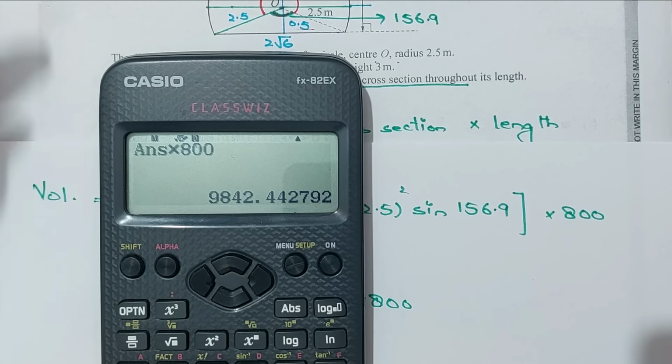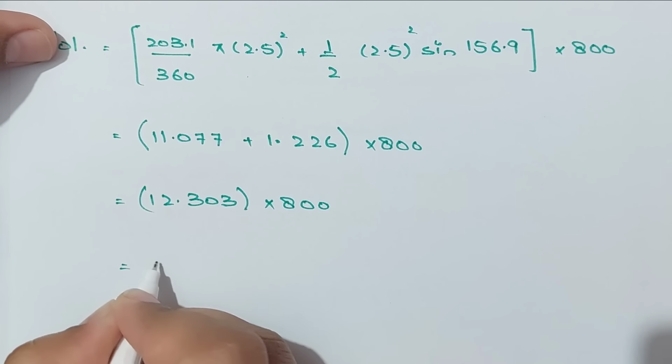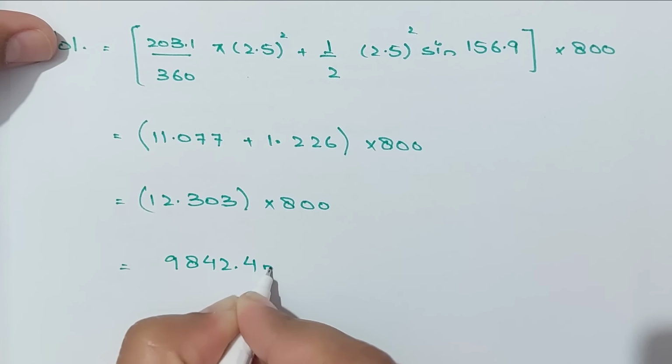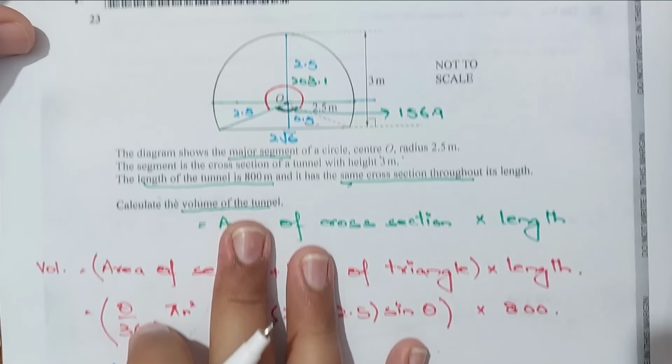This is 9,842.4, so the volume is 9,842.4 cubic meters. So that is the volume of the tunnel.